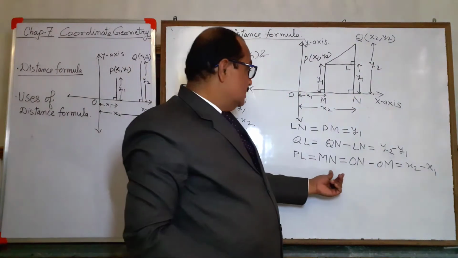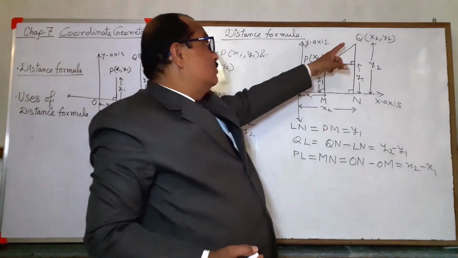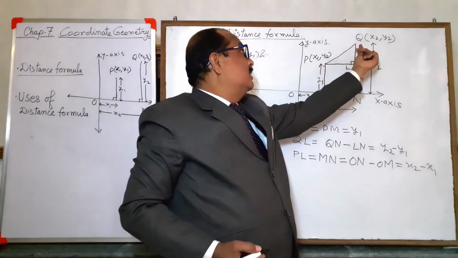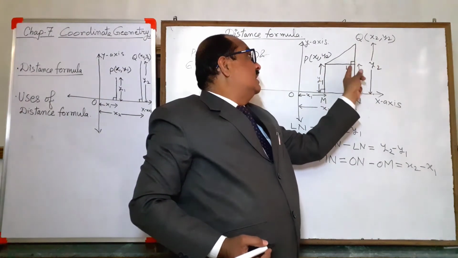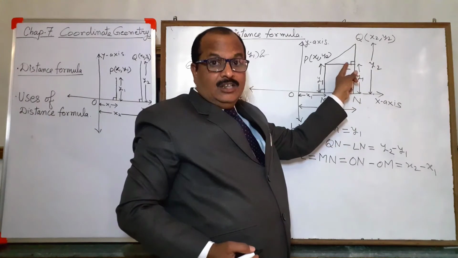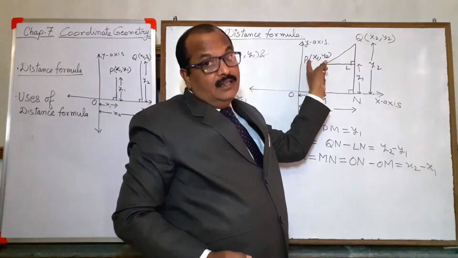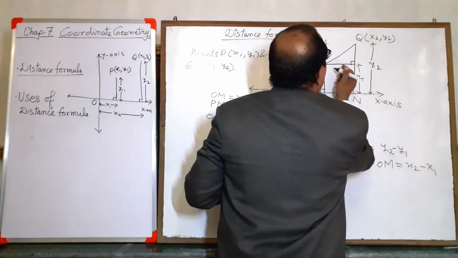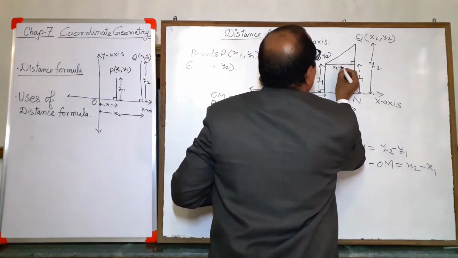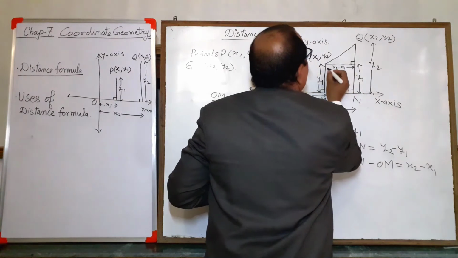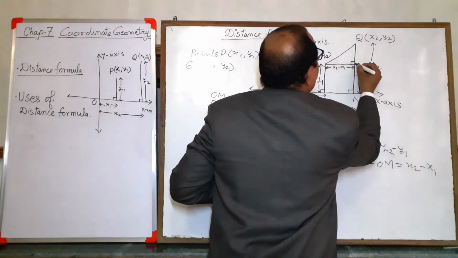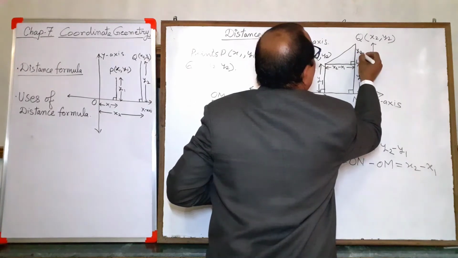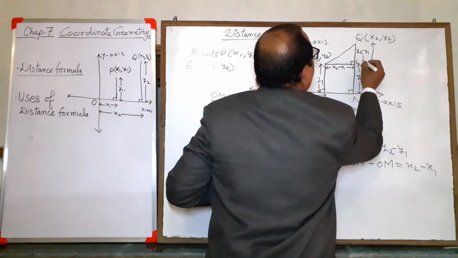Now see here, for this right angle triangle, base is known, perpendicular is known, and one angle is 90 degree. So here you can apply the Pythagoras theorem. This distance is x2 minus x1. This point is L, and this distance is y2 minus y1.